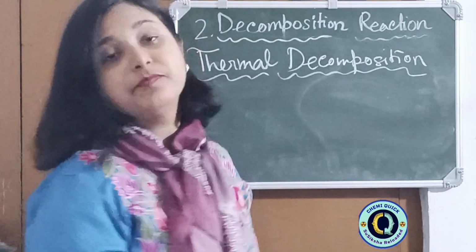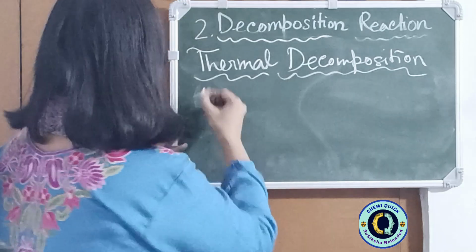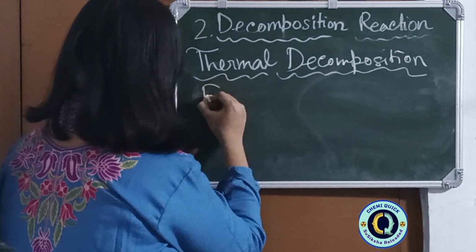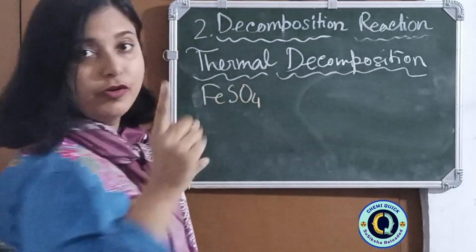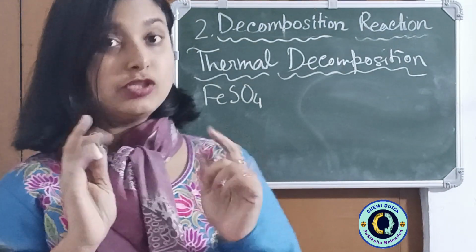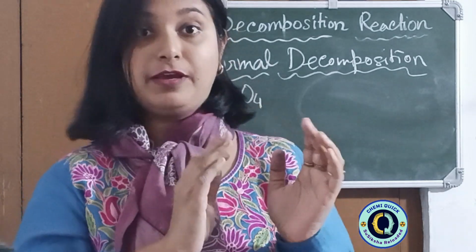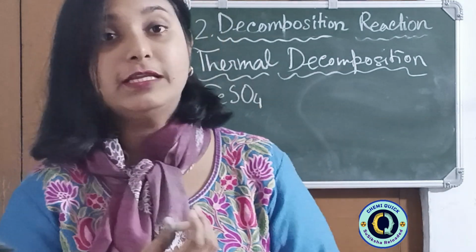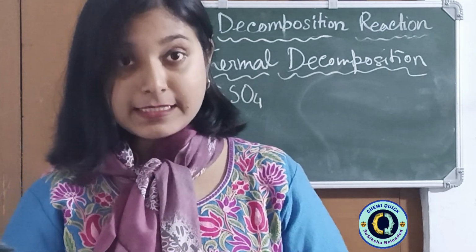First one is very important, and here you have to remember the colors. What is that? FeSO4. Now FeSO4 along with 7H2O, that is a crystal. So 7H2O, CuSO4 5H2O, FeSO4 7H2O, all these are the water of crystallization.